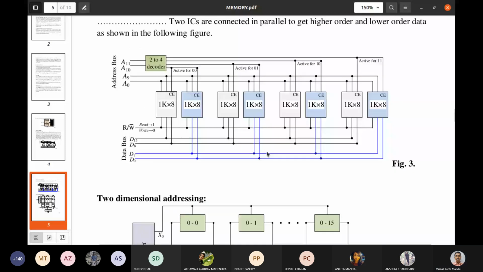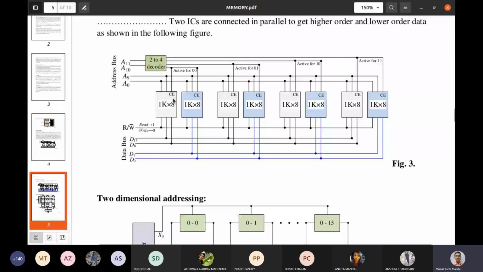Now, next you want to see how the memory is organized inside this IC. How the memory is organized inside this IC, that we need to investigate. So here, previously I have mentioned that data is arranged in two-dimensional mode, that is row addressing and column addressing.